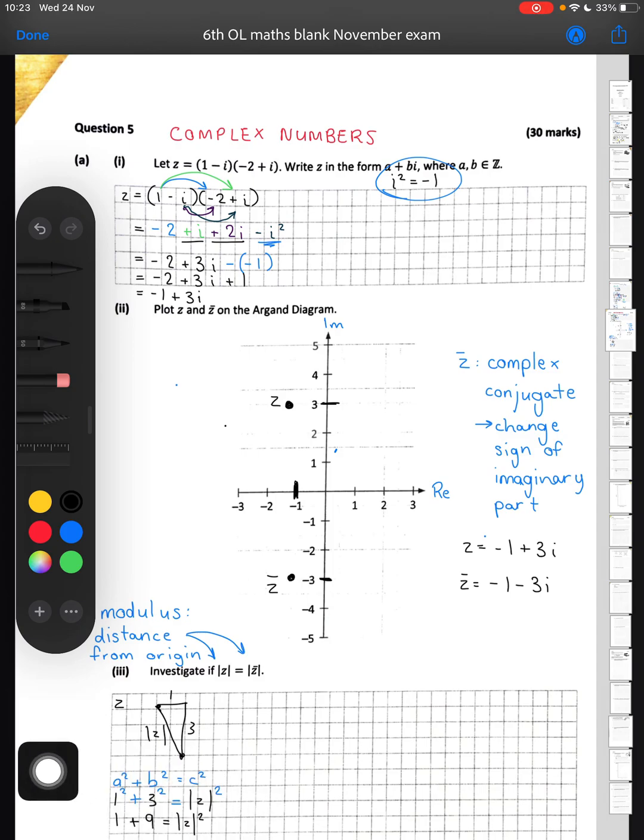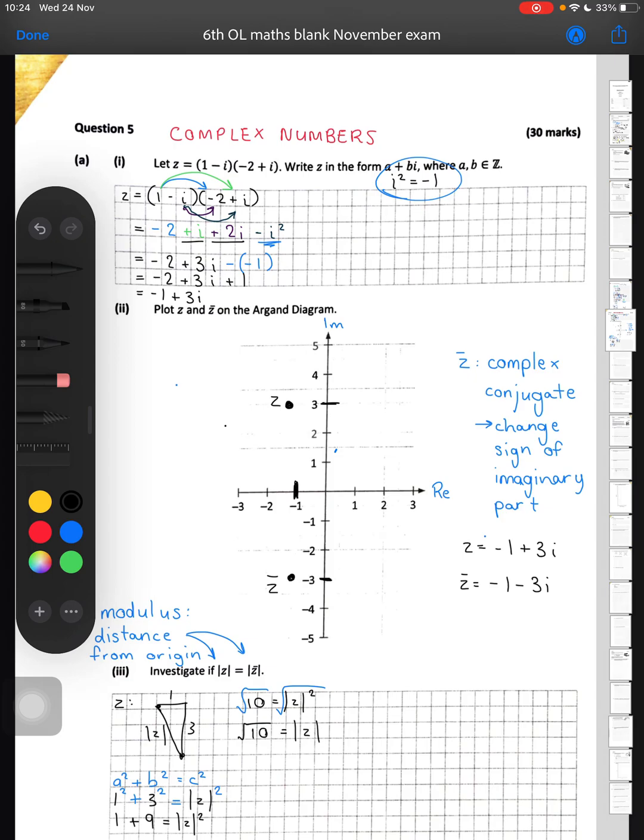So if I have the modulus of Z squared, how do I find just the modulus of Z? Well, I have to square root this side. Okay, so I have that 10 is the modulus of Z squared. So I'm going to square root to just get the modulus by itself. So square root 10 is the modulus of Z.